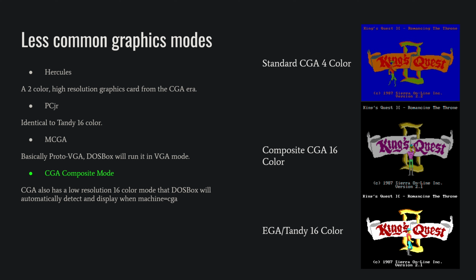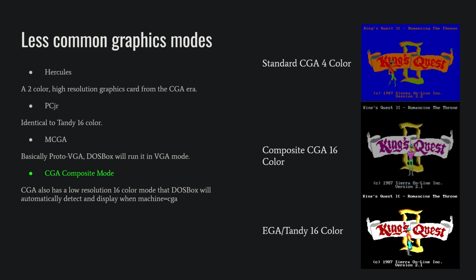And the last option is kind of unique. It's the CGA composite mode. Ordinarily, back in the day, you wouldn't have seen this hardly at all because nobody set up their computers this way, but DOSBox will emulate the composite mode of CGA. CGA, as you might recall, has 4 colors normally, but with composite mode, it's got 16 colors it can use, and there's some examples over there.